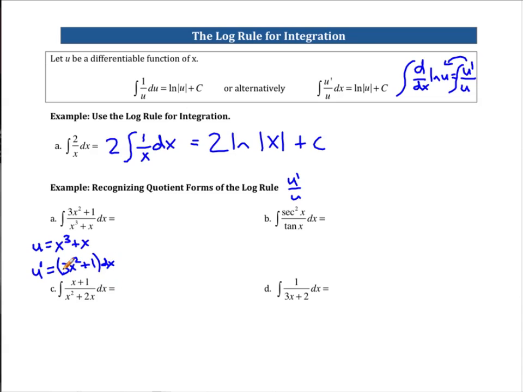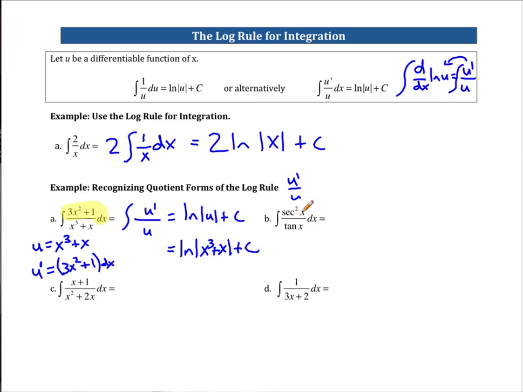Okay, and let's see if we can find u prime over u in this form. Here I would see my u prime. So here we have the integral of u prime over u. And so we can go straight to the natural log of the absolute value of u plus c, and then substitute u back in. So this really equals the natural log of the absolute value of x cubed plus x plus c.